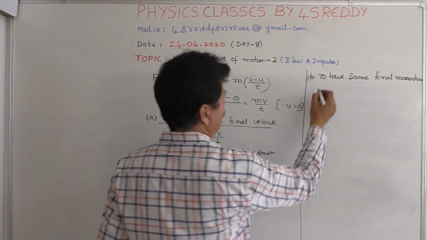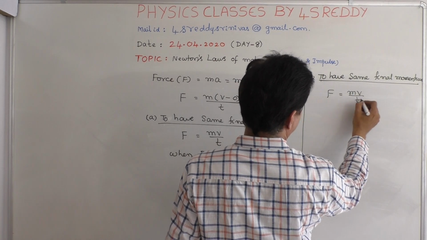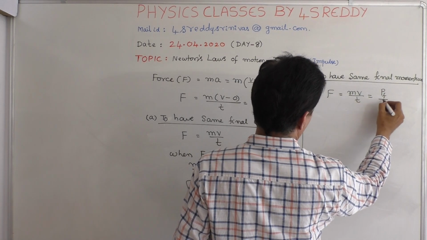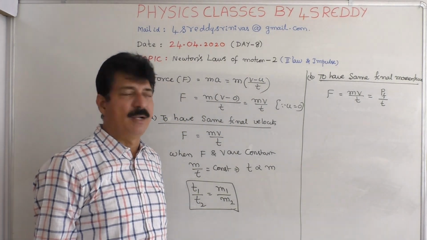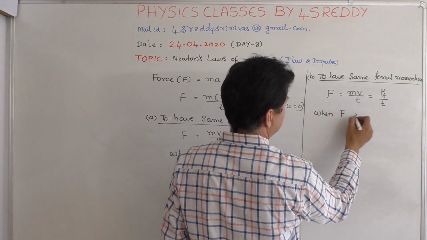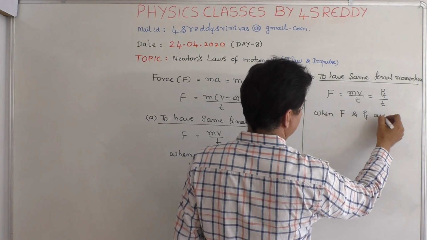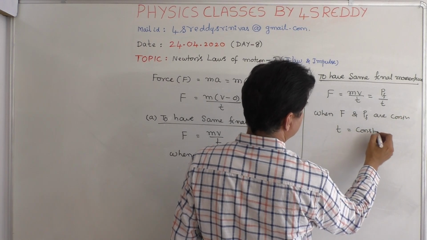In that case, we know that F is equal to mv by t, that is pf by t only. Mass into final velocity is the final momentum. Therefore, when F and pf are constant, then t must be a constant.